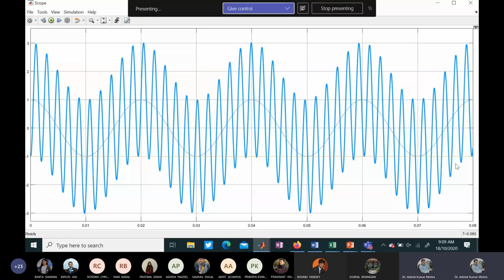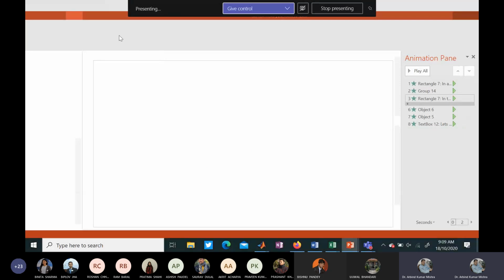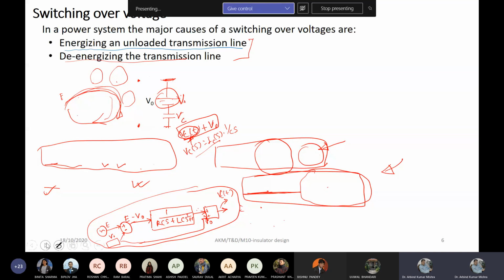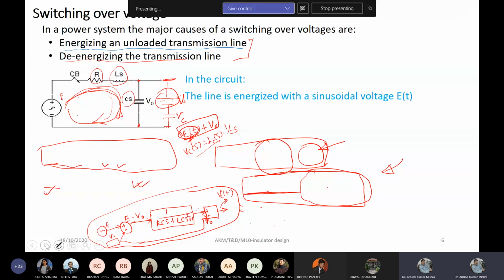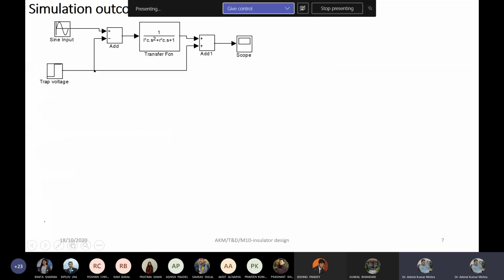Yes, again you can see that now the frequency has been reduced, but still the peak value is the same. So what is the conclusion I want to draw from this simulation work?